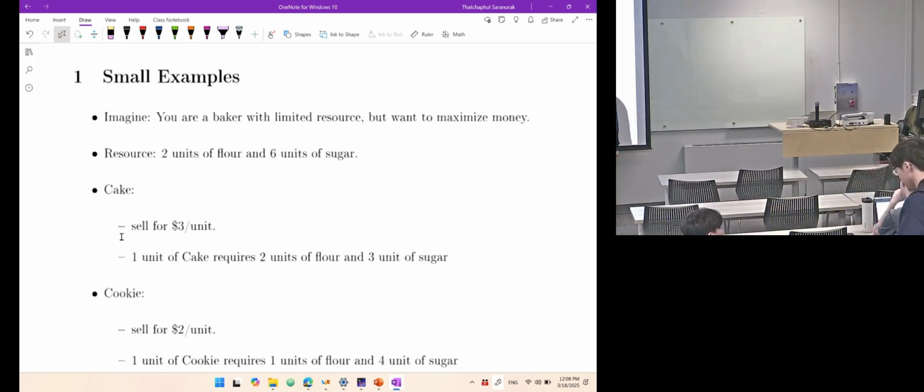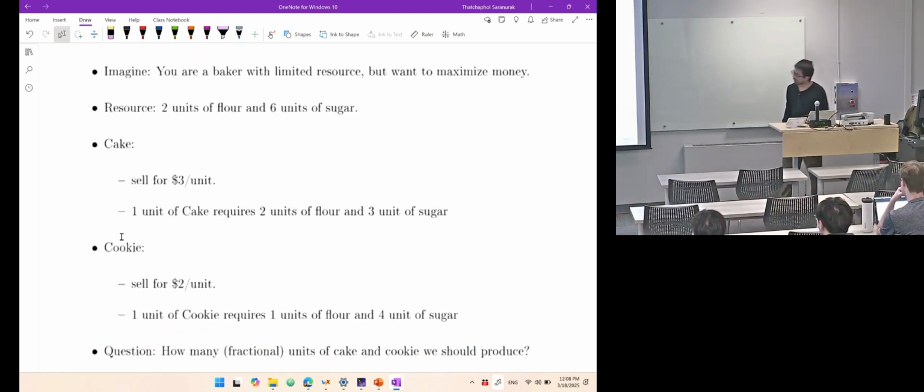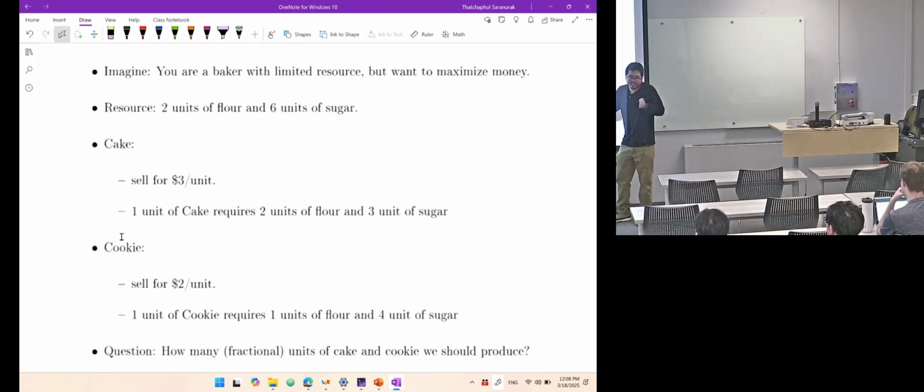Also, you can choose to make cookie, which is worth 2 units, like 1 unit you get $2. And for each unit of cookie, you need to pay one flour and 4 sugar. And the question is basically, what are the fractional units that you should make within this budget?